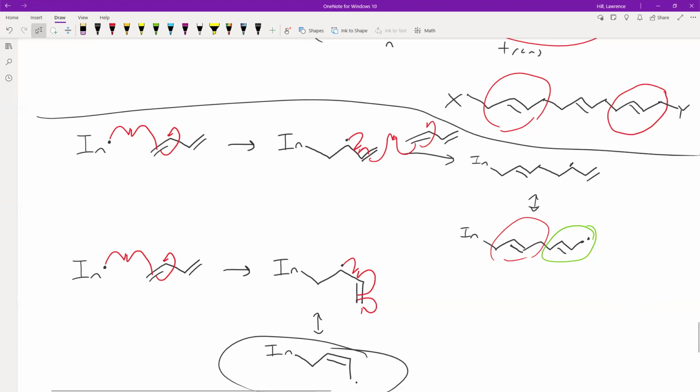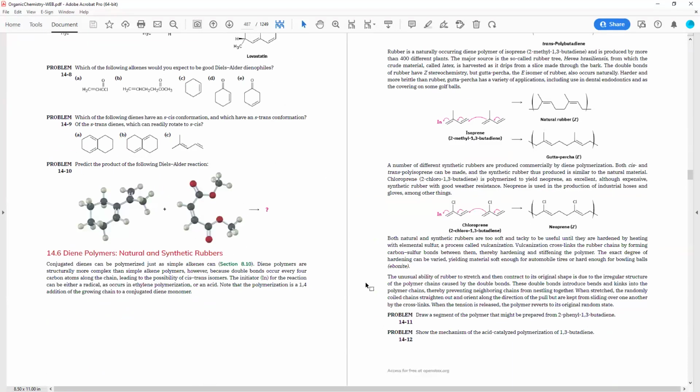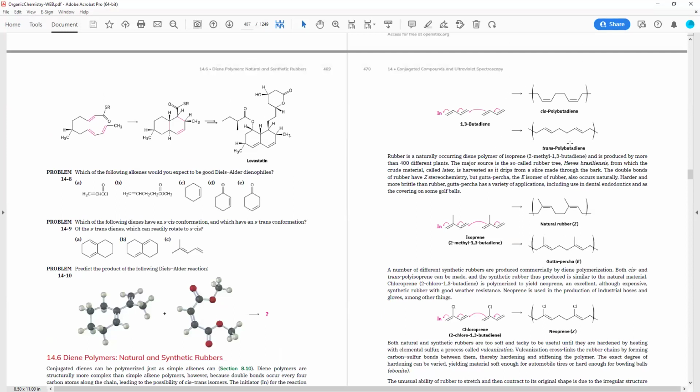Okay, and then checking that in the text. Yeah, so this is an example of that. You have cis and trans polybutadiene. And there's actually one other form of polybutadiene that you can get where you have these double bonds sort of dangling from the long chain.